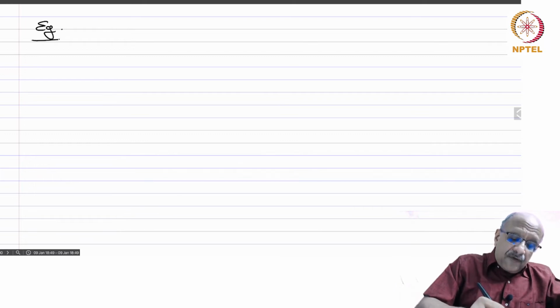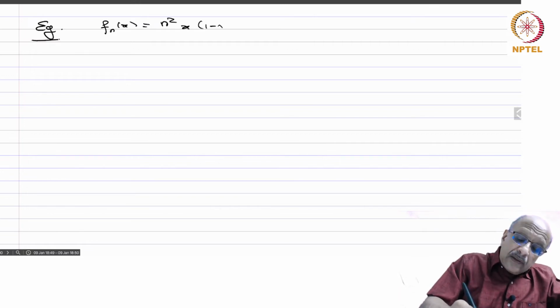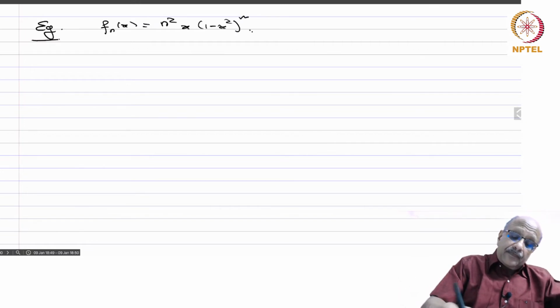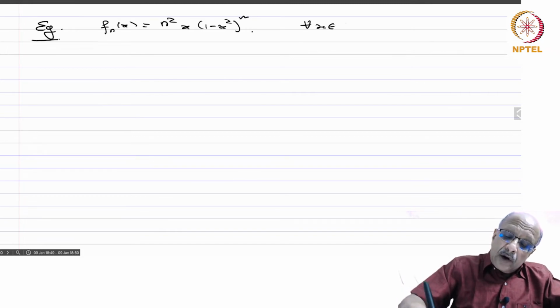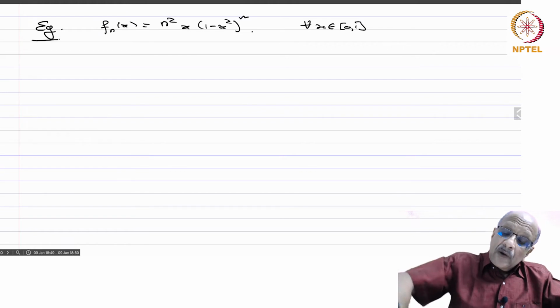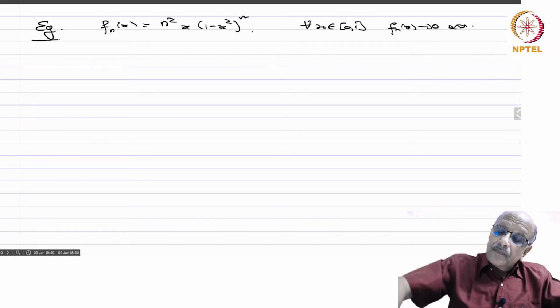So let us take f_n(x) equals n squared x times (1 minus x squared) to the power n. Okay, then for every x in [0,1], we have f_n(x) goes to 0 as n tends to infinity. Prove.